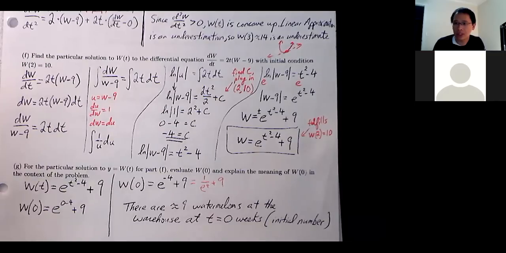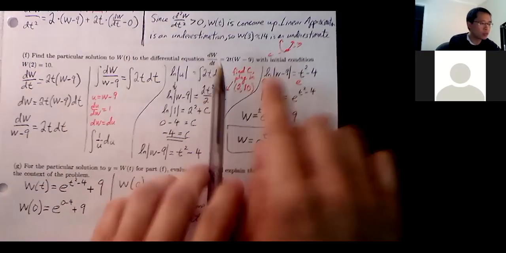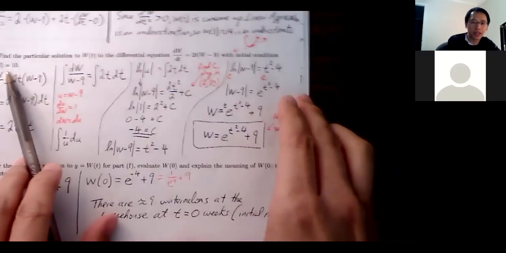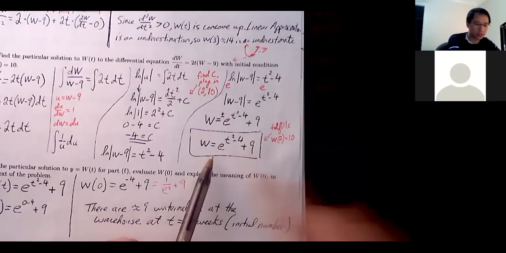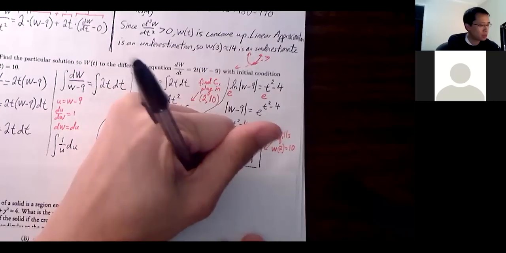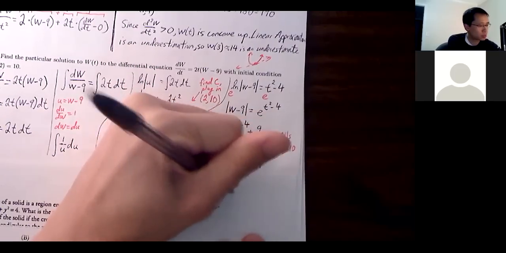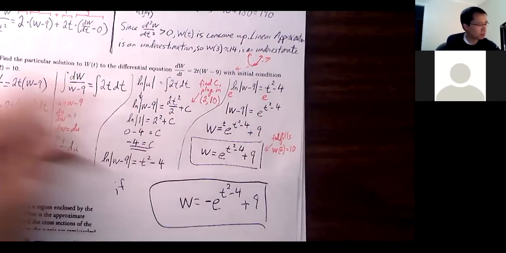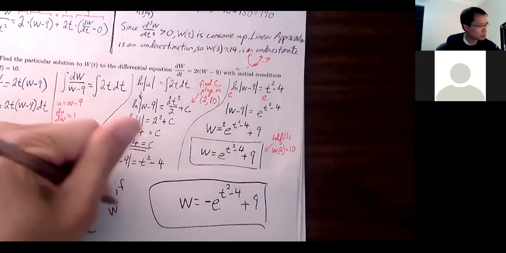Okay, so the question here is, if the ordered pair was 2, -10, then our answer is going to be W is equal to negative e to the t squared minus 4 plus 9.